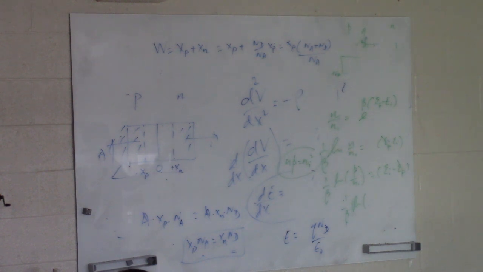Typically we define a diode like this, positive and negative. On the positive side, you have no current until you reach a certain voltage, which we call the offset voltage.